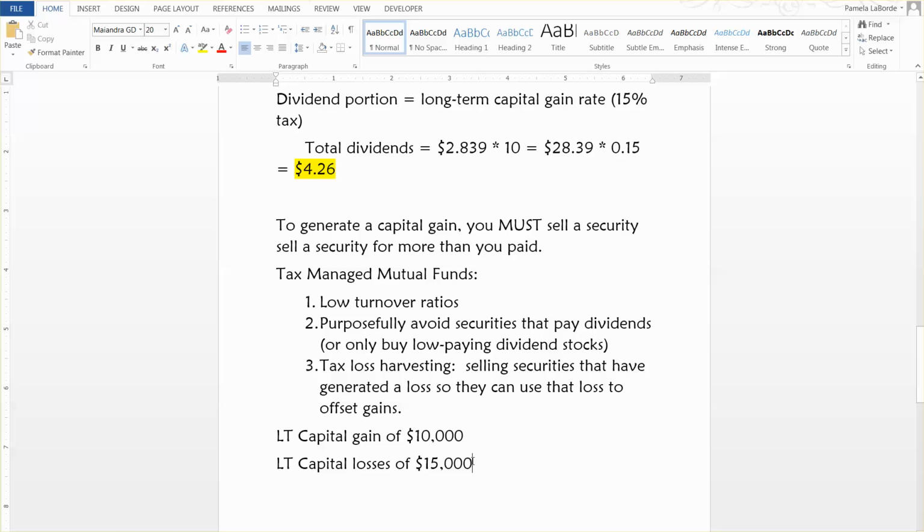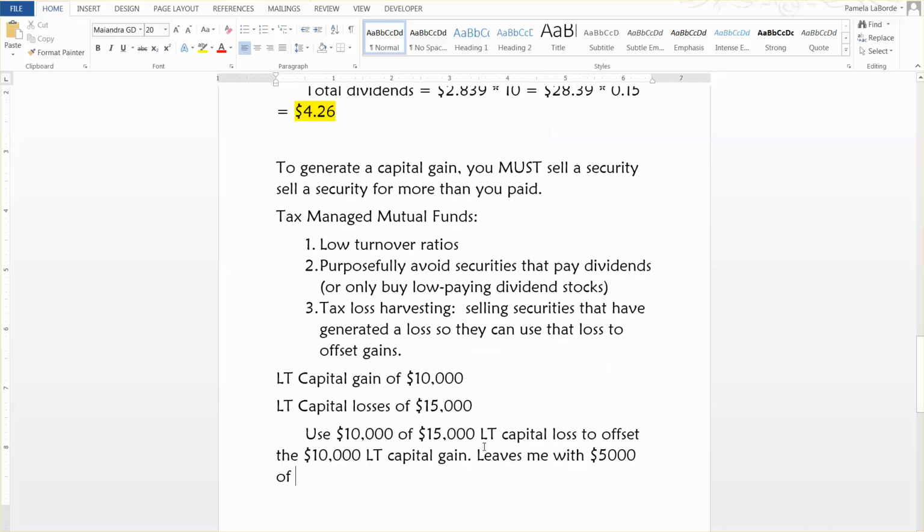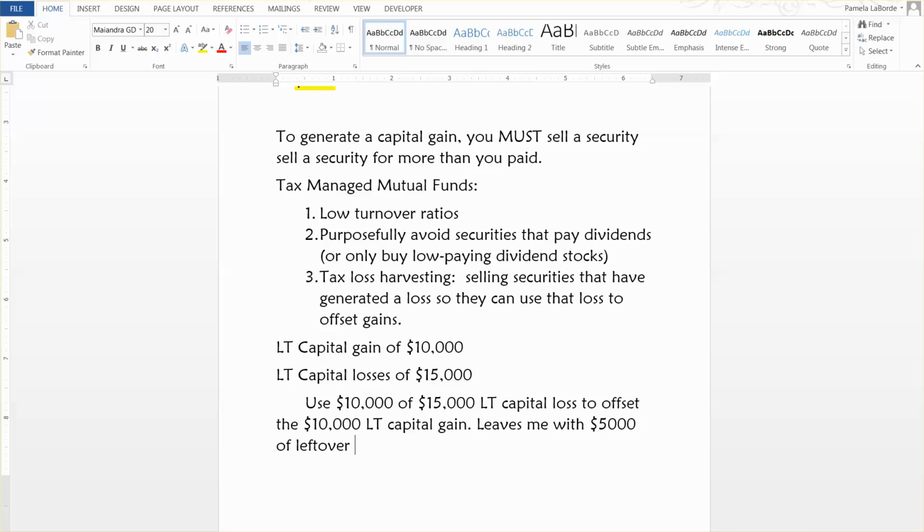Use 10,000 of the $15,000 long-term capital loss to offset the $10,000 capital gain. And this leaves me with $5,000 of what I'll call leftover long-term capital losses.